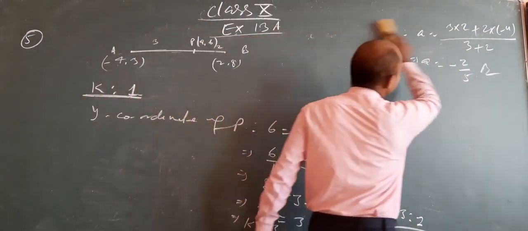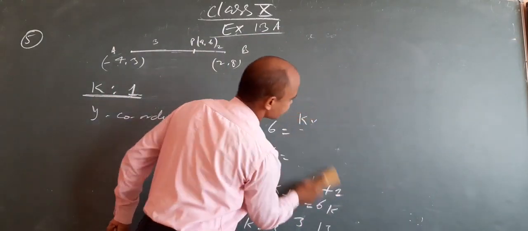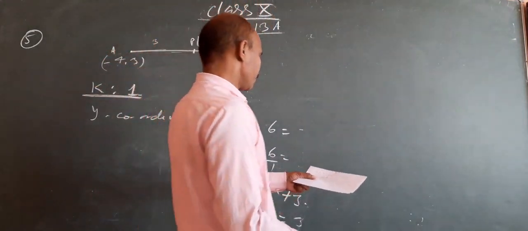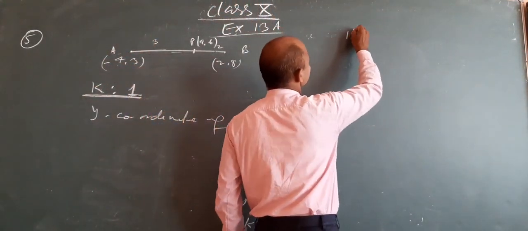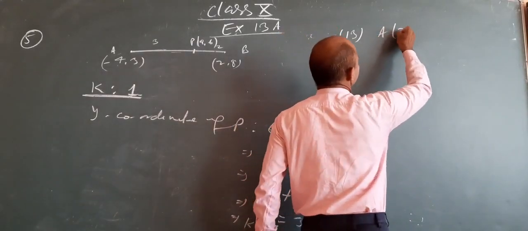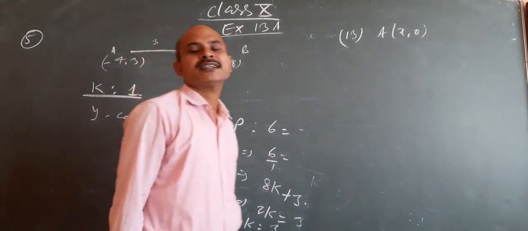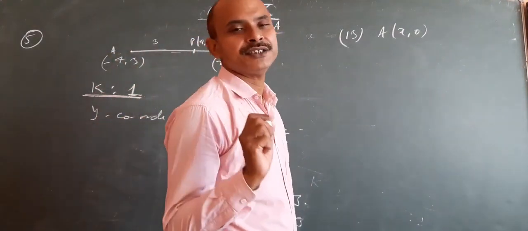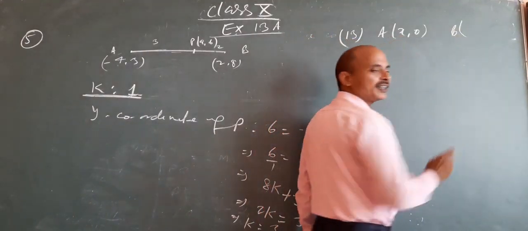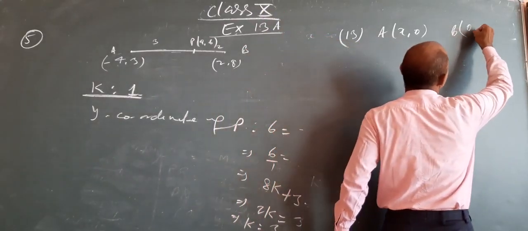Any point on the x-axis is of the form (x, 0). So we can take the coordinates of A as (x, 0). B is on y-axis, so we can take the coordinates of B as (0, y).